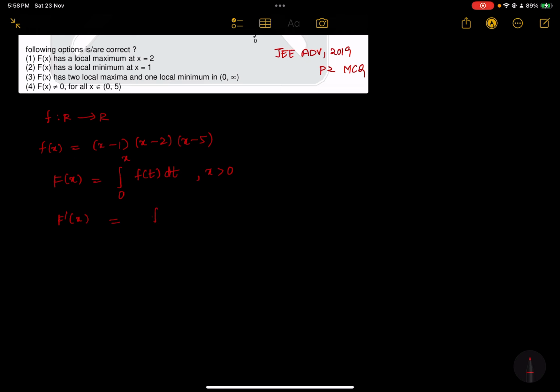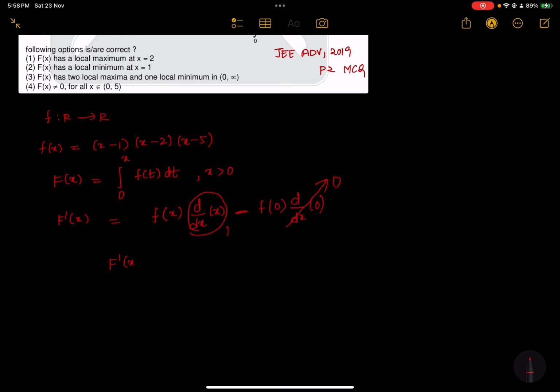So first put the upper limit in place of t, and then differentiate the upper limit with respect to x, minus, put the lower limit in place of t, and differentiate the lower limit with respect to x. So d by dx of 0 is 0, so this term goes to 0. d by dx of x is 1.